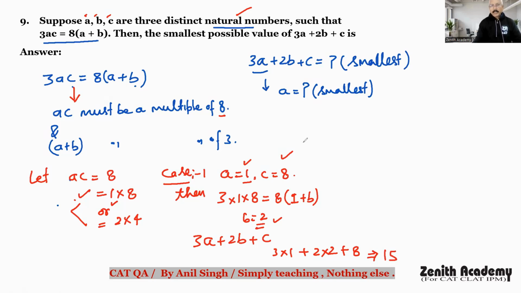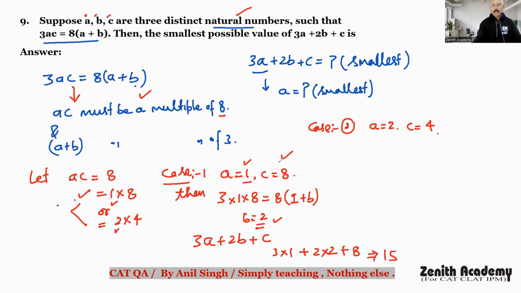Okay. And in case 2, let us take A equal to 2. AC is 8, another factorization of 8 is 2 into 4. So A is 2 and C is 4.